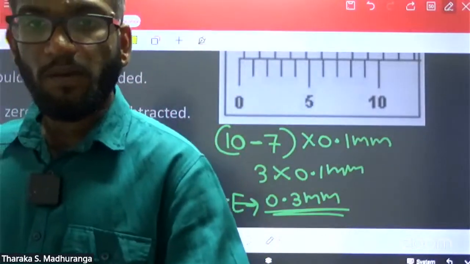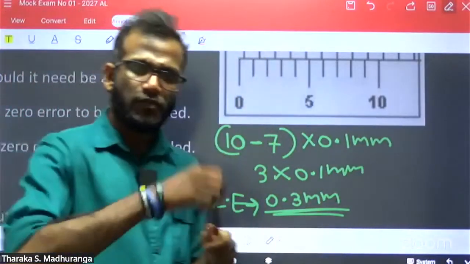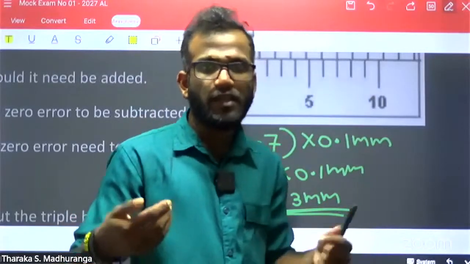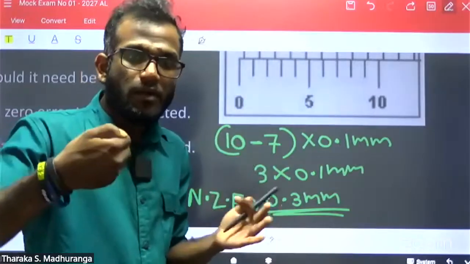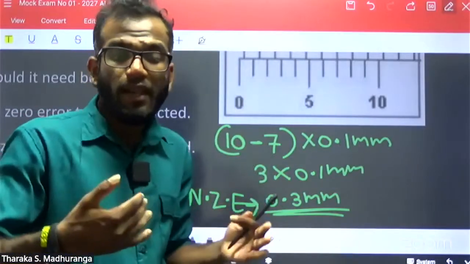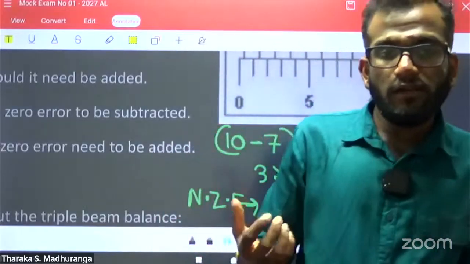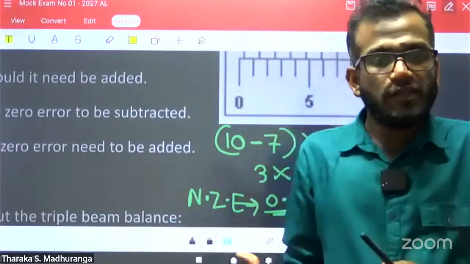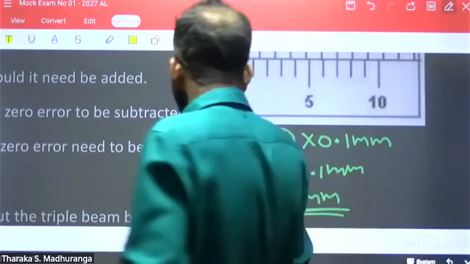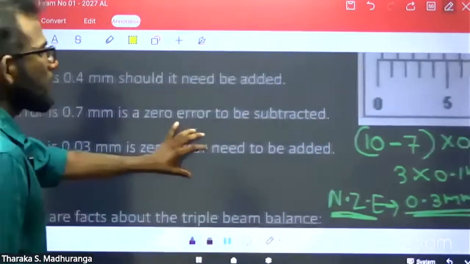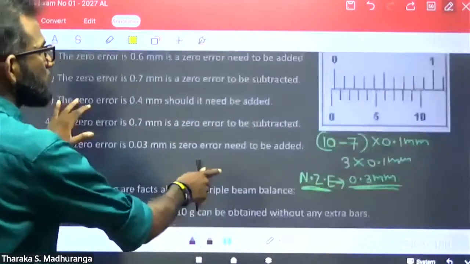Wearing off some smooth layers between the jaws. Then a value less than the actual value comes as the measurement reading. So by adding this negative zero error, we can get the accurate measurement.